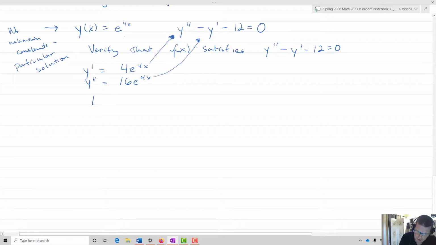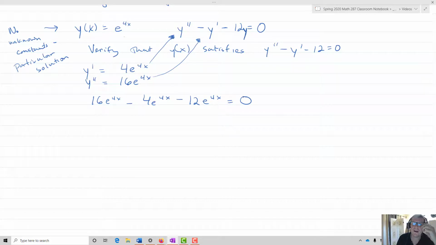So y double prime is 16e to the 4x, minus y prime, which is 4e to the 4x, minus 12y, and y is e to the 4x. What we end up with is 0. So y double prime minus y prime minus 12y equals 0. That, in fact, is the solution to the differential equation. Nice, right? What if, though, we had a general solution?